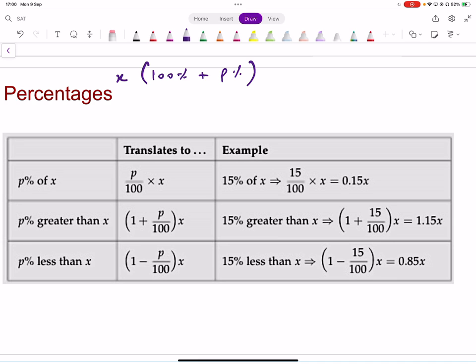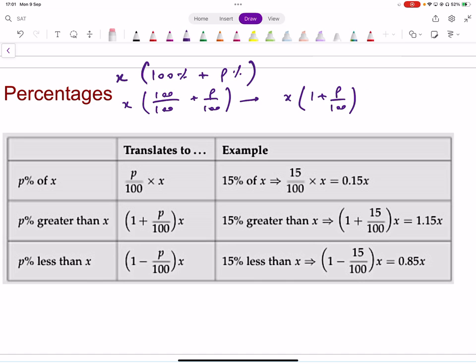Let's say that's X. You want to increase X by P%, that will mean multiplying X with 100% plus P%. Now what's 100%? 100 over 100. What's P percent? P over 100. And that gives you X into 1 plus P over 100. This is also something that you should keep in mind.